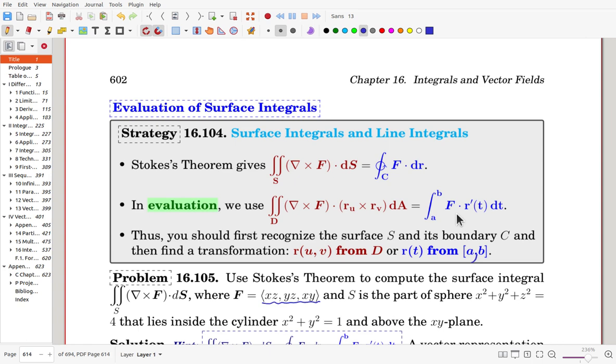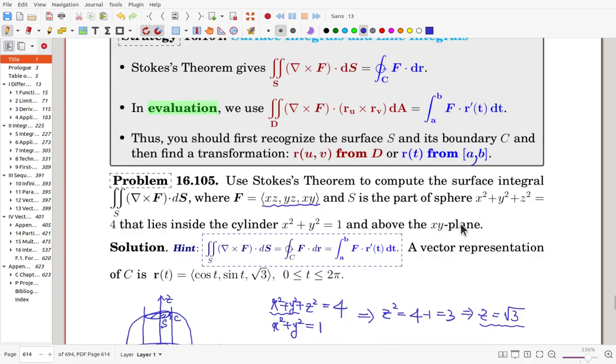The first step is to recognize the curve or surface or region, and then you have to introduce a transformation, so that using the evaluation formulas, you can get the integral the problem is asking. Okay?